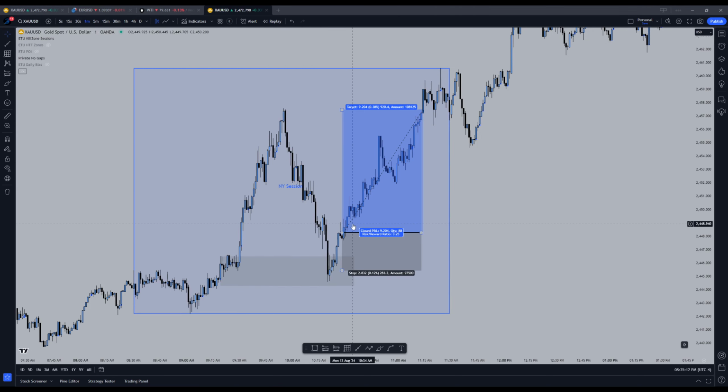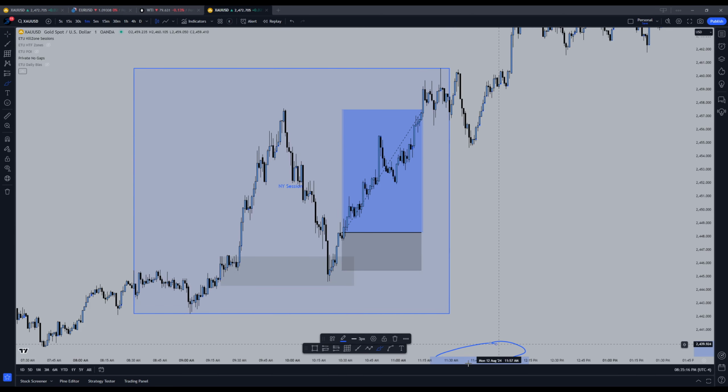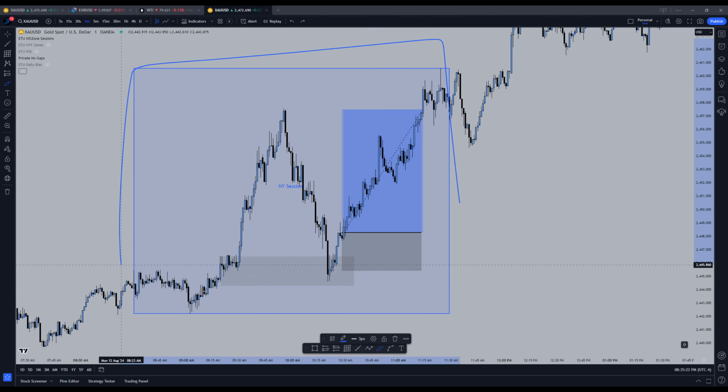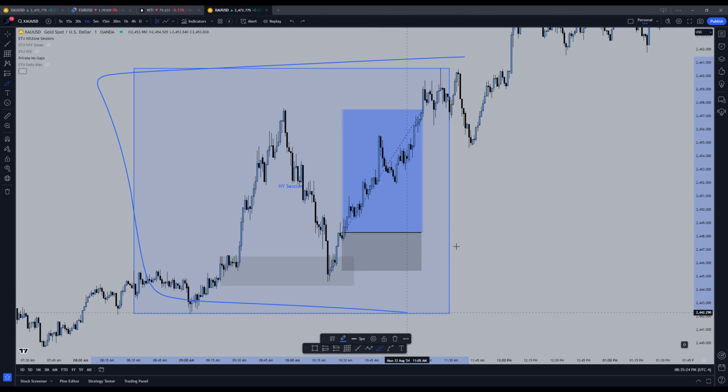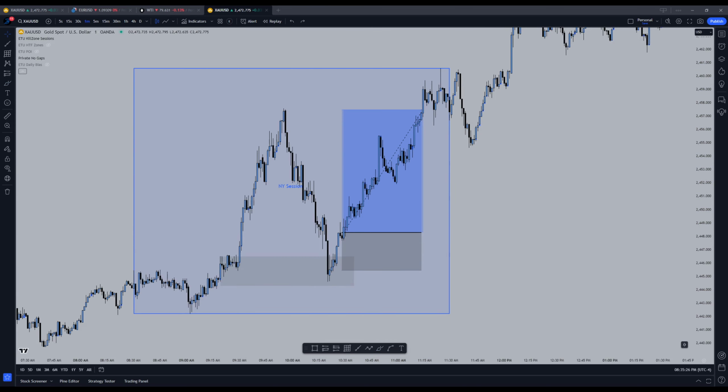That way when you're journaling, instead of having to look down here, which is very annoying, having to look down here and try to guess if it's within Killzone session, just having this background itself makes everything a lot easier to see in general. So you don't have to be pinpointing exactly with your eyes to determine whether or not you took a trade within Killzone session or not.